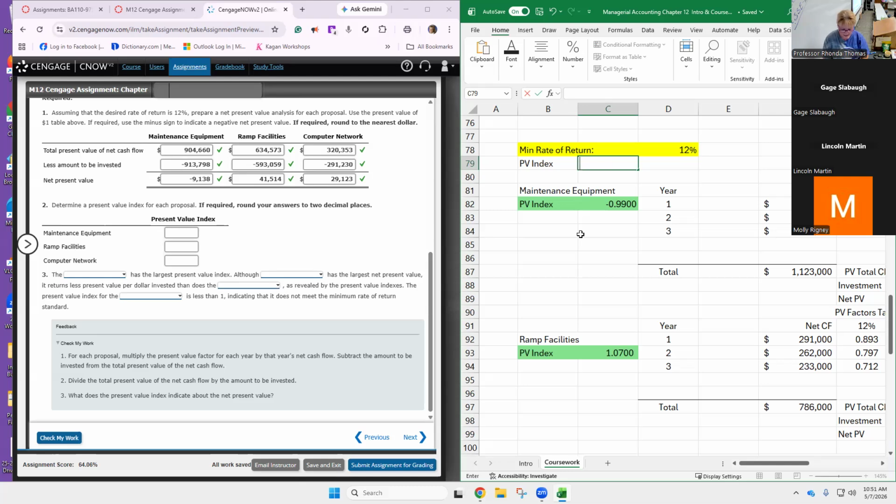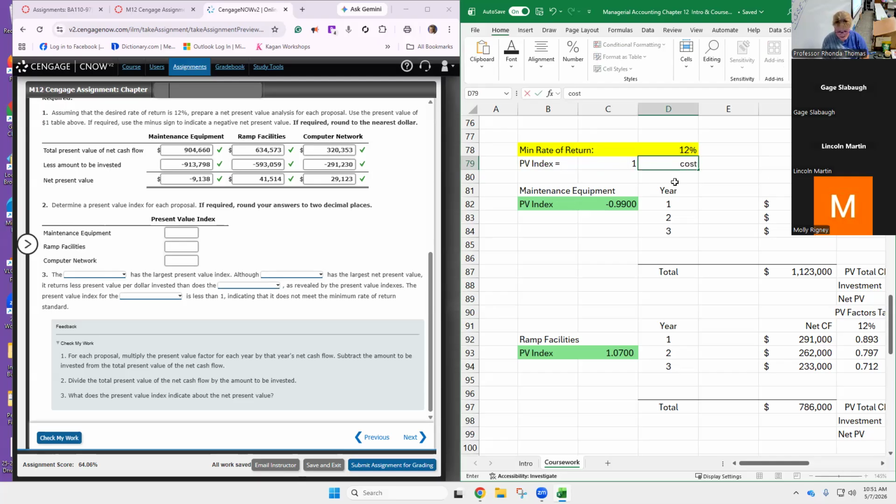If the present value index is equal to 1, that means you're breaking even with your cost-benefit analysis. So present value index is kind of a cost-benefit analysis. And if you get at least 1, then you're breaking even, so to speak.